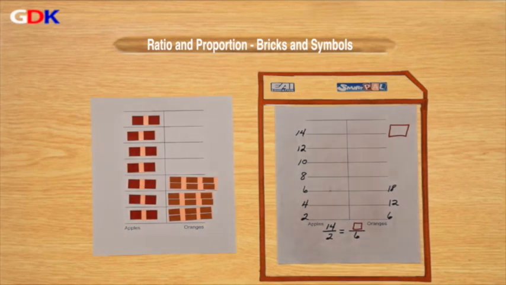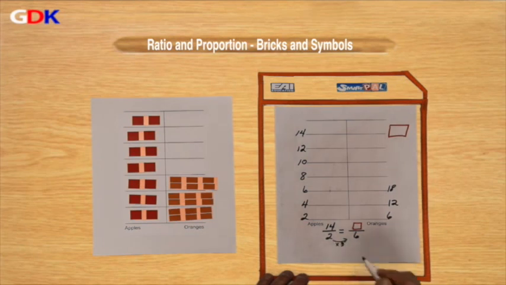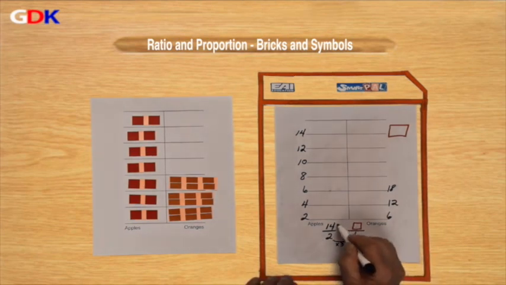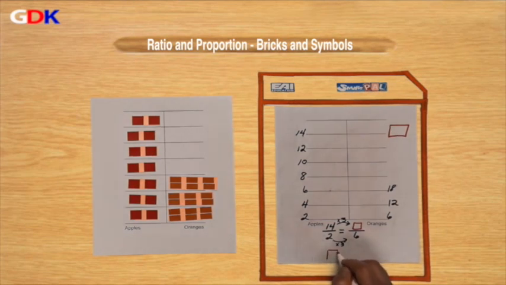Now let's look at the arithmetic. In order to go from 2 to 6, I can multiply by 3. So 3 times 2 gives me 6. That means in order to go from 14 to my number of oranges, I can also multiply by 3. So now the question is, how many oranges do I have to match up with 14 apples?